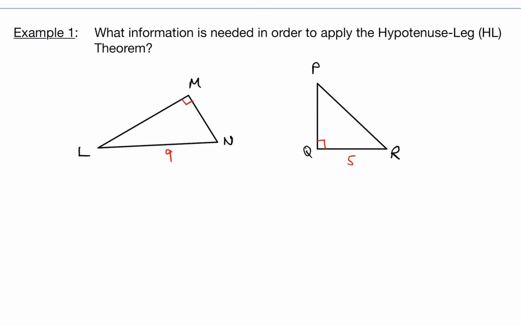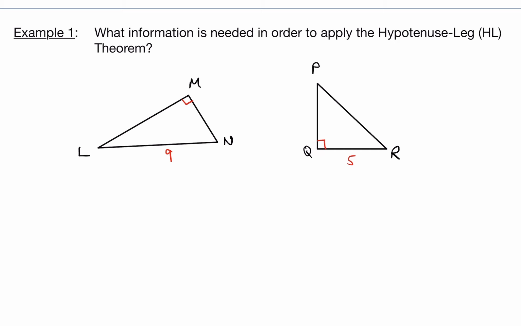So here's the question. We're given two triangles and we're asked to find out what additional information is needed in order to apply the hypotenuse leg theorem. Okay, so number 1, let's confirm that both of these are right triangles, and we know that they are because of the right angle symbols.